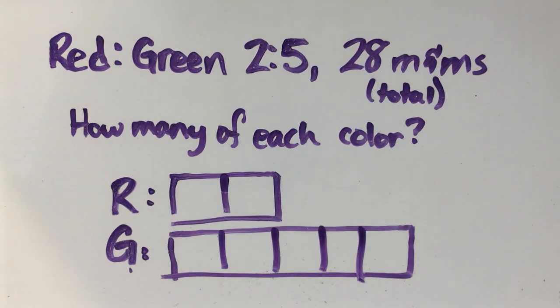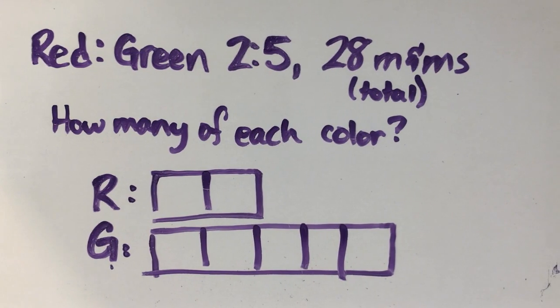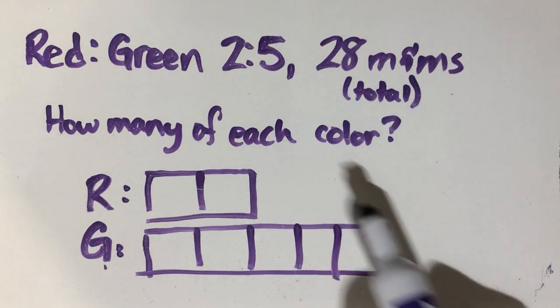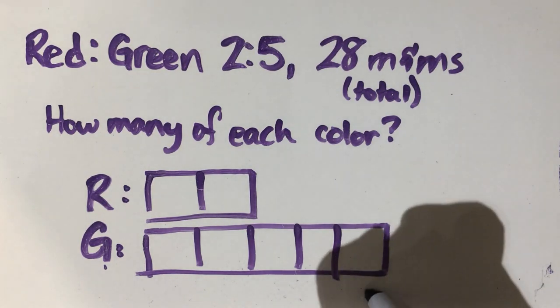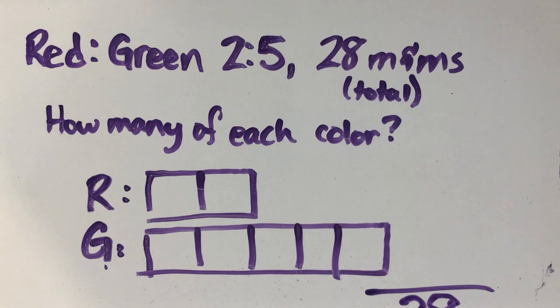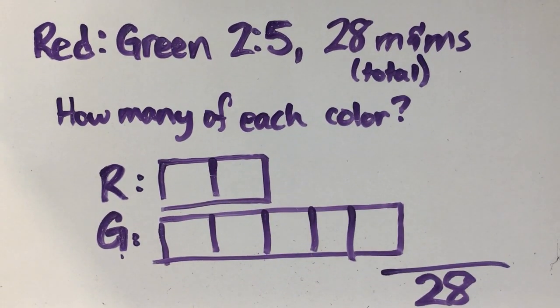Okay. Our extra piece of information was the fact that there are 28 total M&Ms. So that 28 does not go with the red, it does not go with the green, it's a total of both of those. And I'm sorry, I know you can't see that exactly. The way I've got my iPad set up is a little goofy, so there we go.